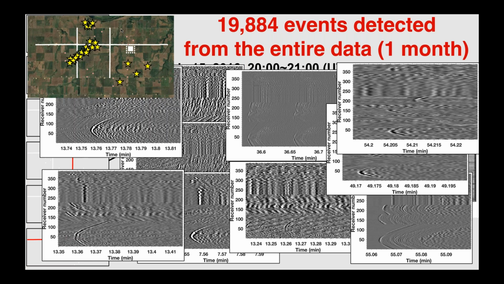I didn't locate them all, but if we scan the entire data set with a template, we detect 20,000 events in the entire one month. For all of these 20,000 we have the hyperbola, which means they are all inside these map areas, and I'm locating them right now.